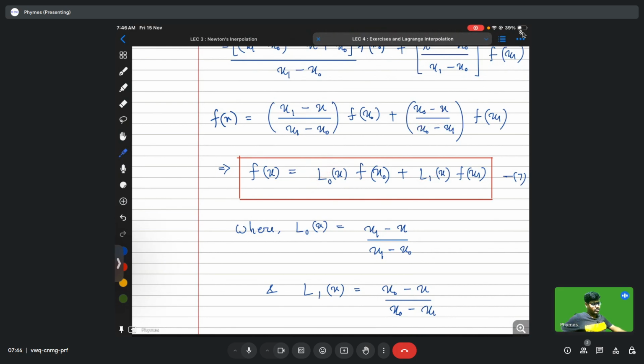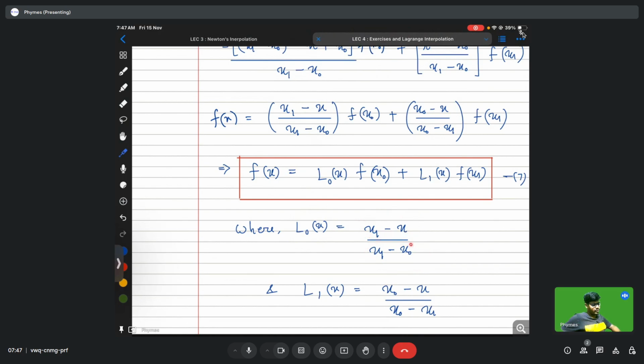So how do we determine which one is L0 and which one is L1? It is determined by the positions of the x1 and x0 values in the function. For L0 of x, we see that it is x1 minus x over x1 minus x0.